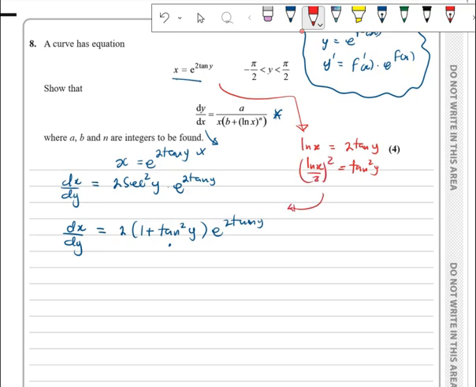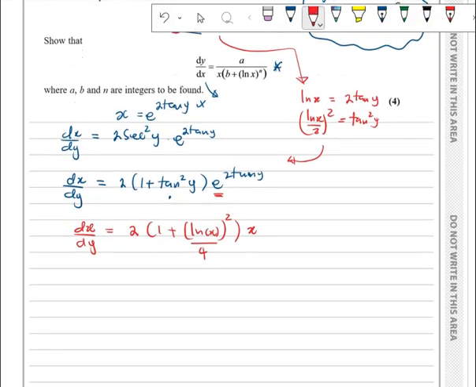Then we substitute in this equation. So we have dx/dy as equal to 2 into 1 plus the tan squared, which is natural log ln of x all squared over 4. But this is now multiplied by the x, the original function, all of it multiplied by x.